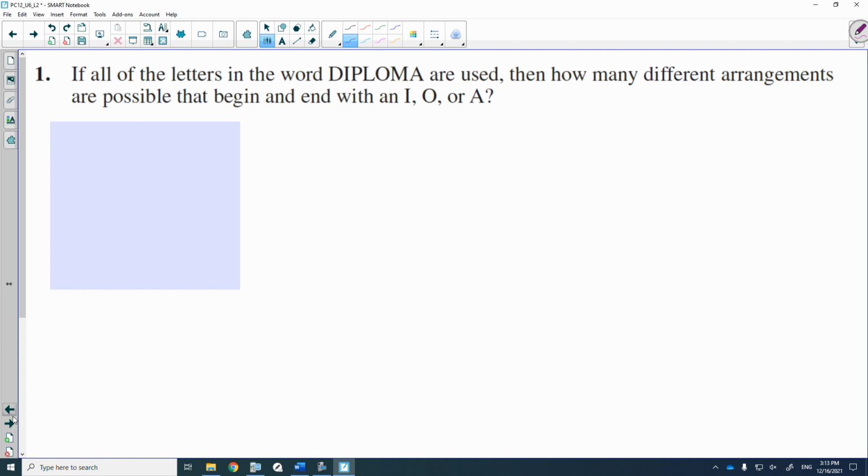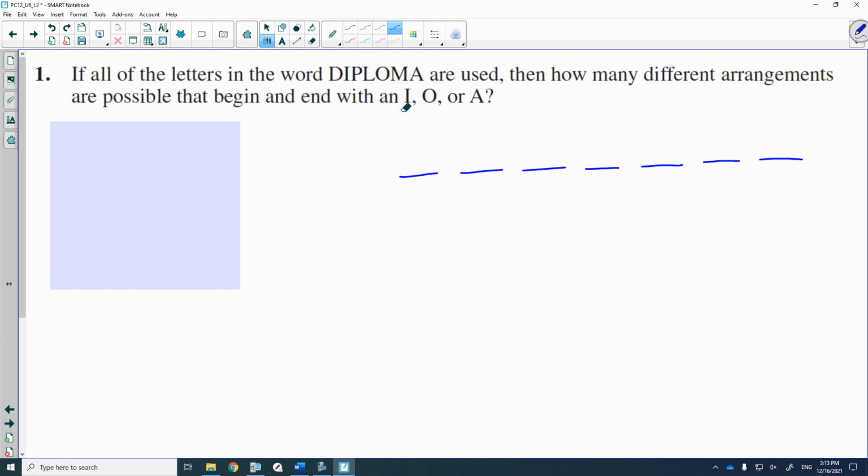So first we need to figure out how many stages we would have in this task. So you count up the number of letters in the word diploma, and there are 7 of them. So that would give us 7 stages. They are giving us a restriction.